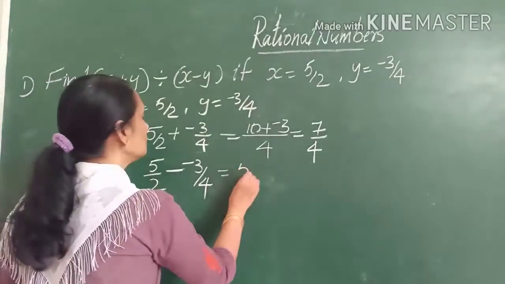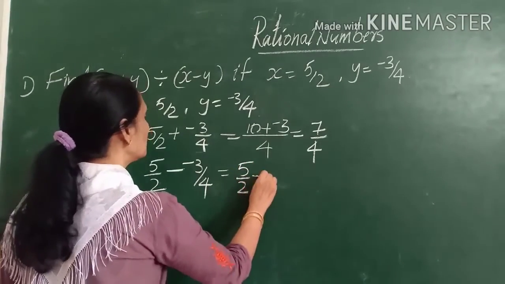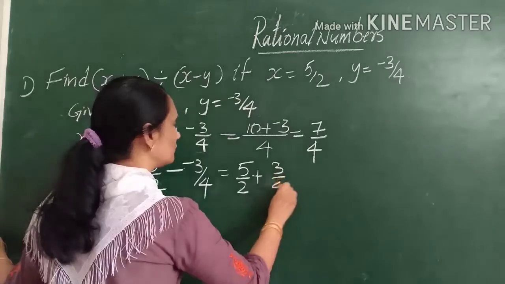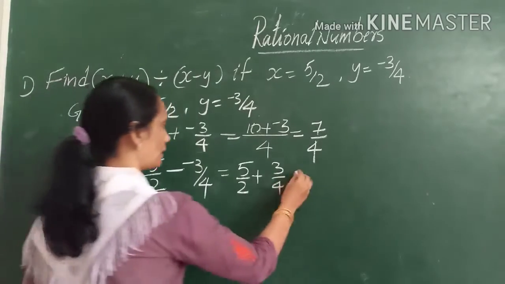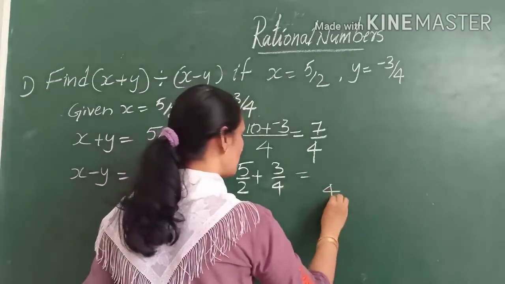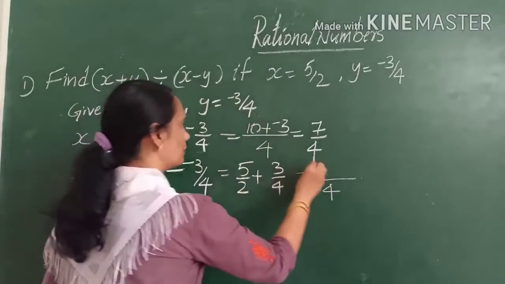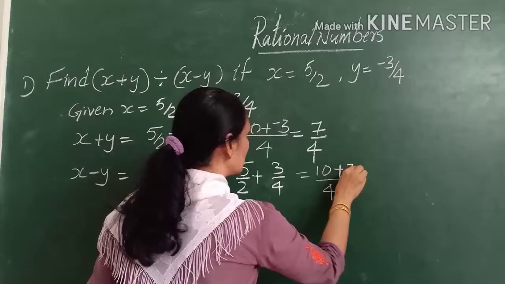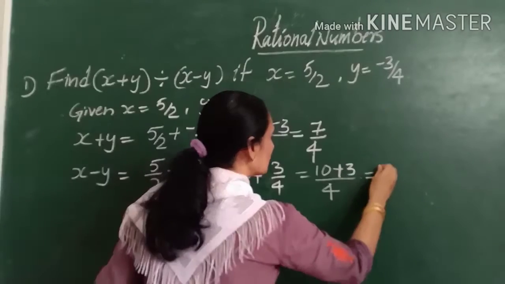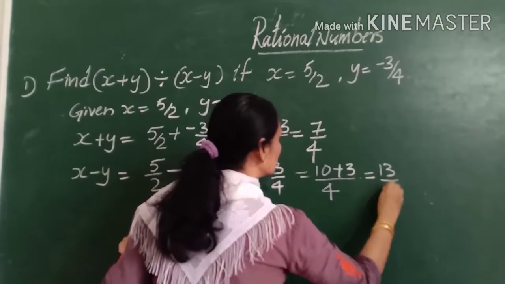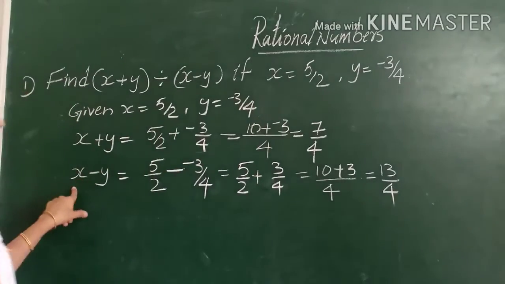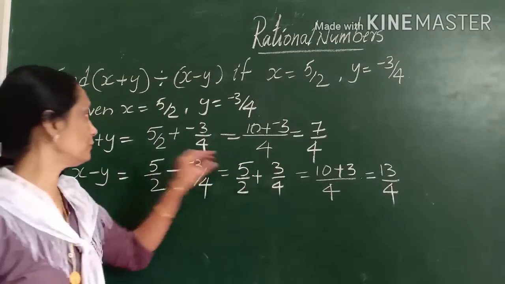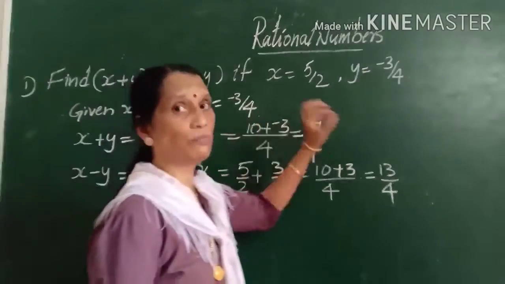So it is equal to 5 by 2 plus 3 by 4. Again the LCM is 4. This will become 10 and again 3. So we got 13 by 4. Okay, we got x minus y as 13 by 4 and x plus y as 7 by 4.